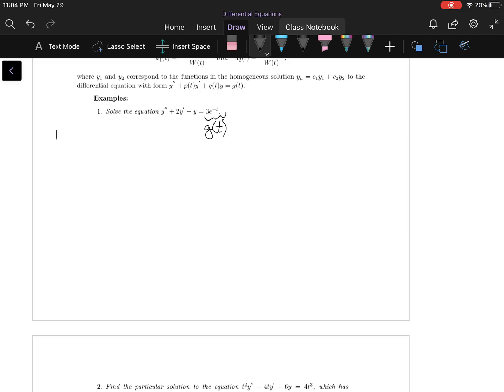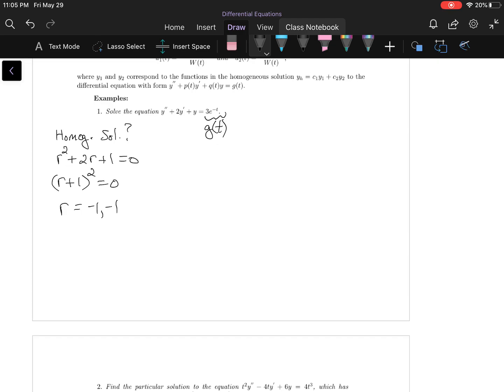So I want to know, what are the homogeneous solutions? Which means I want the characteristic polynomial, which is r squared plus 2r plus 1 equals 0. This happens to factor into r plus 1 quantity squared equals 0, which means we have r equals -1 twice.